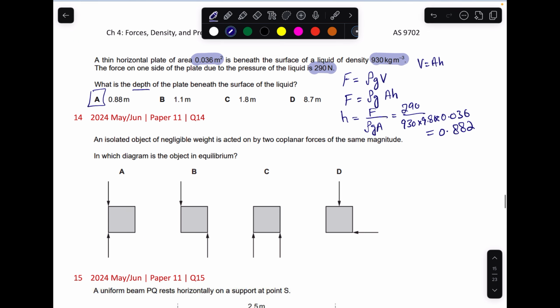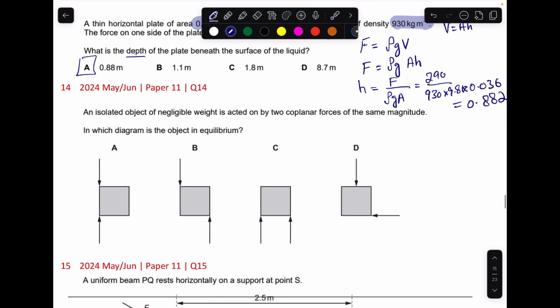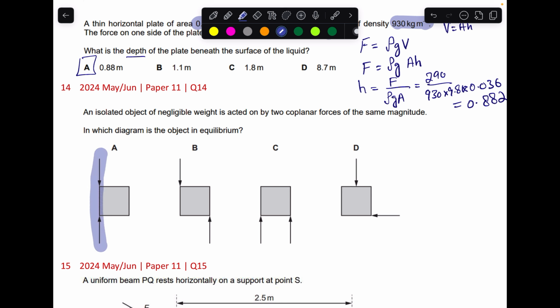Next question. An isolated object of negligible weight is acted on by two coplanar forces of the same magnitude. In which diagram is the object in equilibrium? For equilibrium, we need equal forces, opposite direction, and the same line of action.